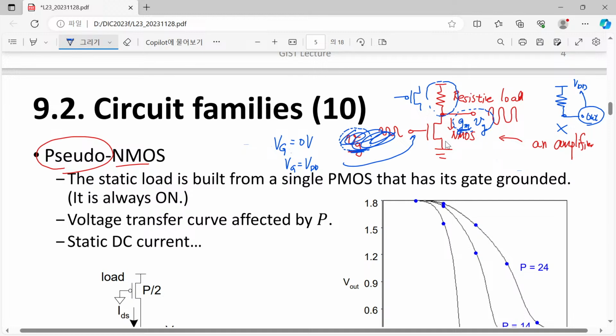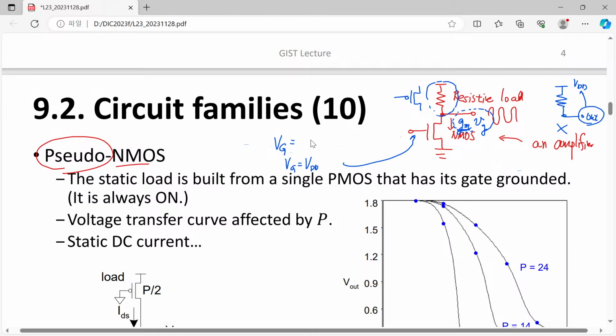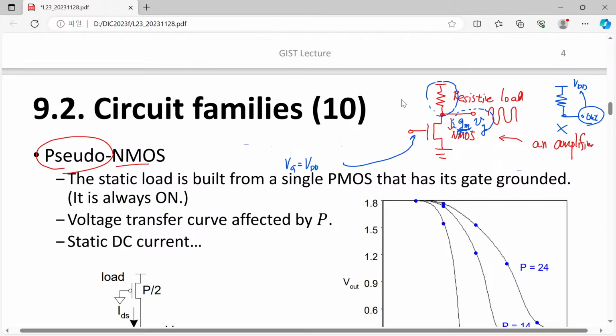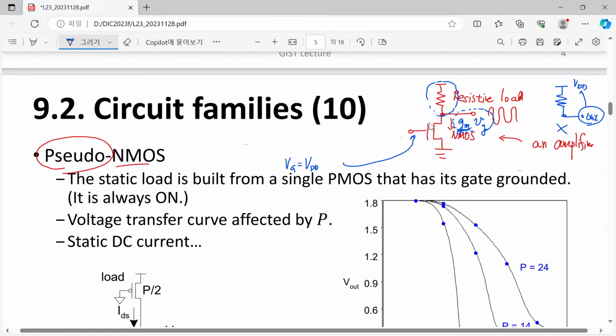The only difference is that when the gate voltage is VDD, the PMOSFET pull-up network was completely shut down, because we applied 0 gate-to-source voltage to our PMOSFET. But unfortunately, in this NMOSFET-only implementation, we still have RL.